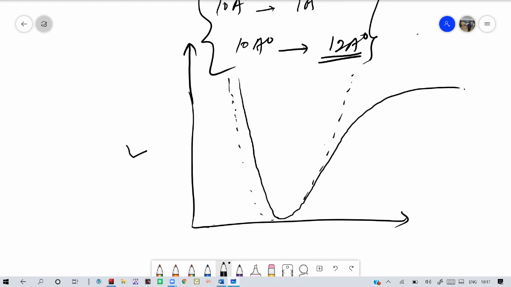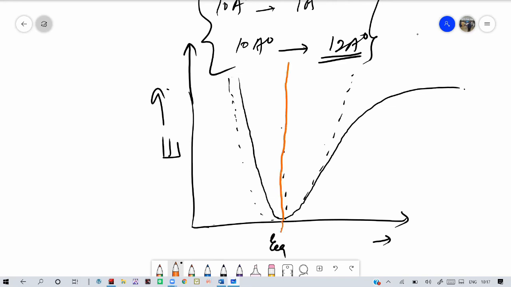This is E here. This is R, the internuclear distance, and here is R equilibrium. And this is the energy where a molecule breaks down into atoms. Up to here it was okay, but here you see that it has broken apart.